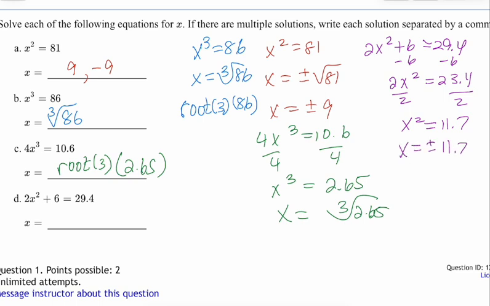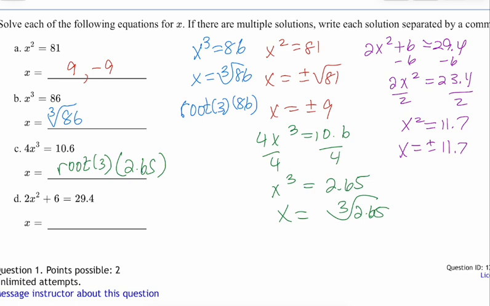I'm going to try it here just to see if that's an option. So if you type plus then minus, and then root 2, and then whatever your number was. So I got 11.7. Let's see if they'll accept that.